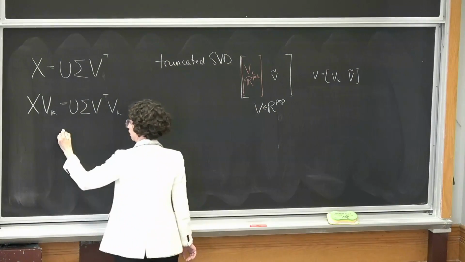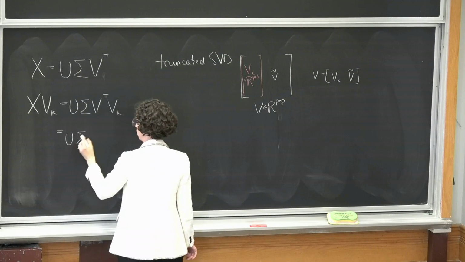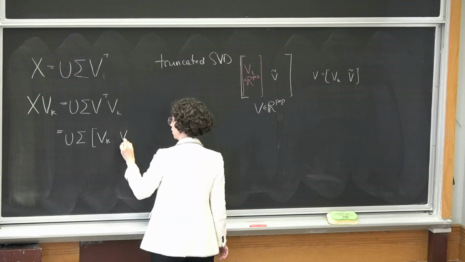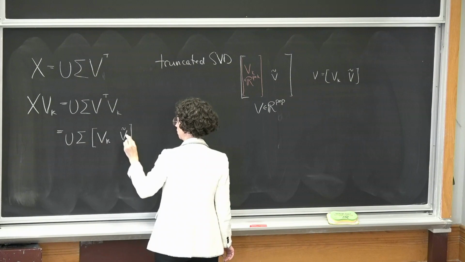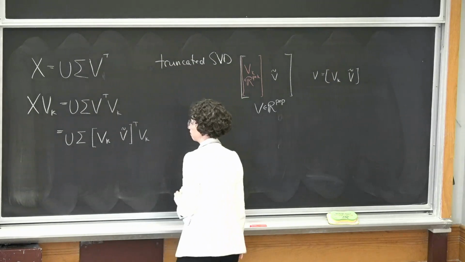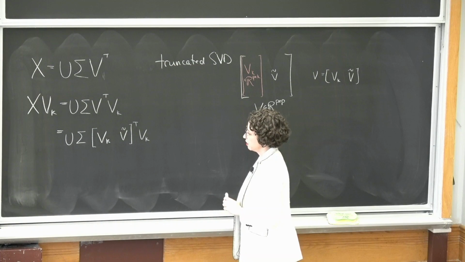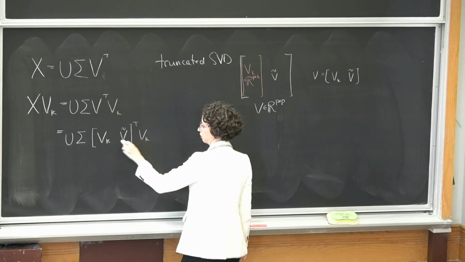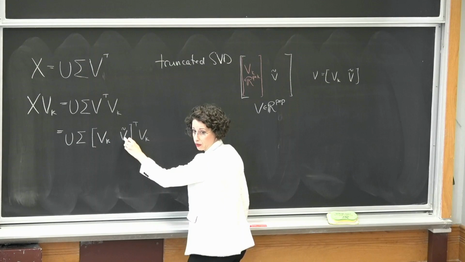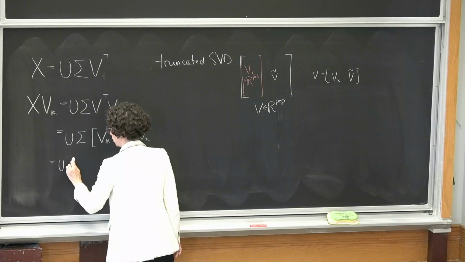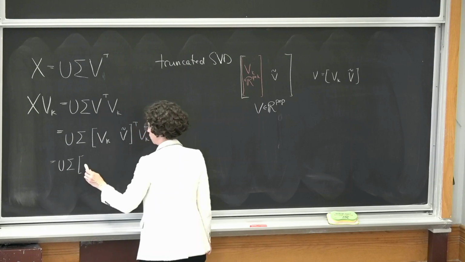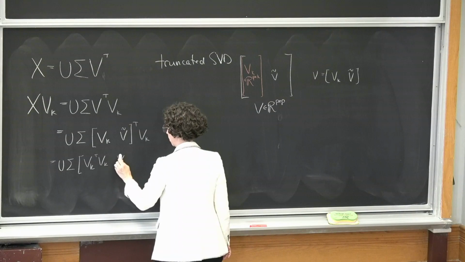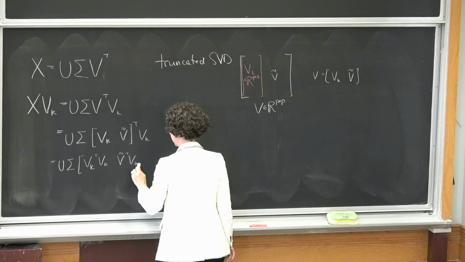I'm going to plug that in: U sigma, and now I rewrite V as the VK component concatenated with the V tilde component, transpose, times VK. Now I can multiply this VK on the right by each of these two components separately. So I get U sigma, and then VK transpose VK and V tilde transpose VK.